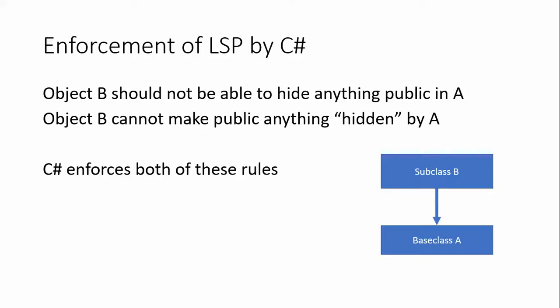Well, no, right? If the base class says this thing is private, you can't go override it and say, you know what, sorry, I'm going to make it public now. So if something is private in the base class, it stays private. If something's public in the base class, it stays public. The interfaces are protected. That's how the Liskov substitution principle remains intact.